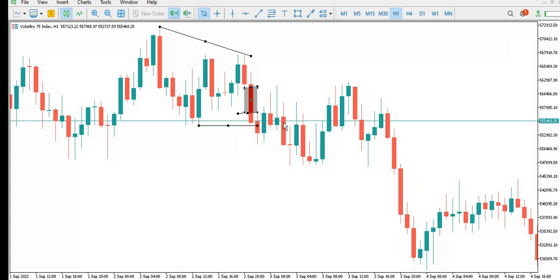That is an imbalance. I think I've seen some people saying an imbalance is something like this. Yeah, I think I've seen something like this before, saying that from this wick here all the way to here, it's an imbalance.